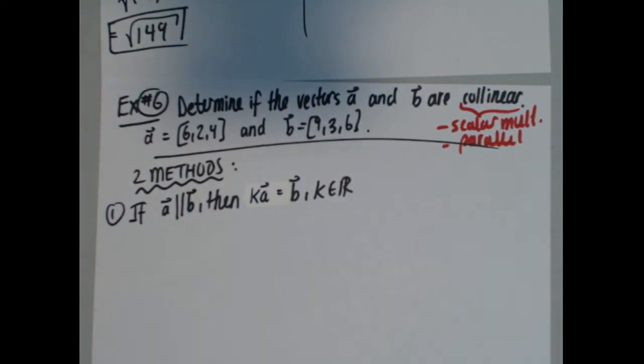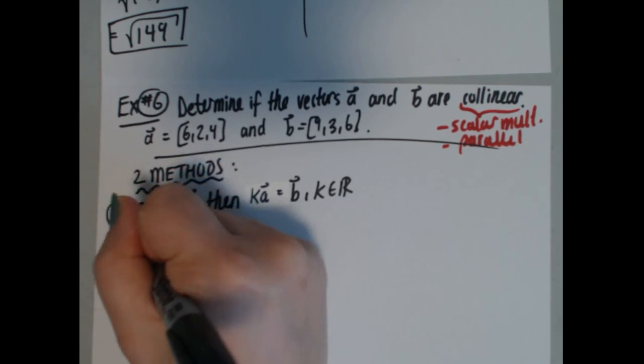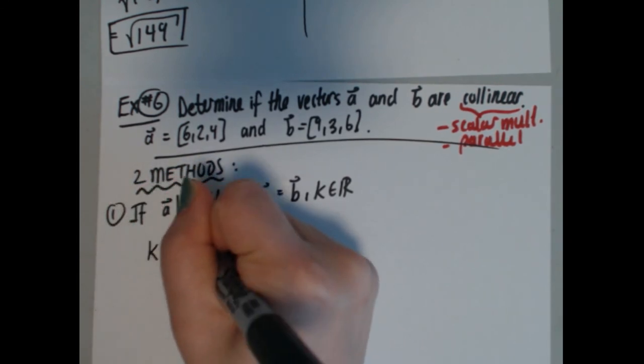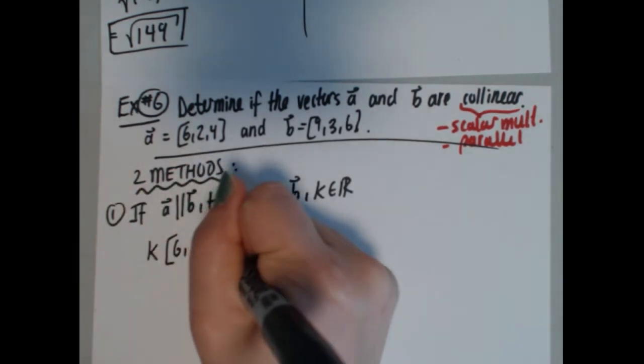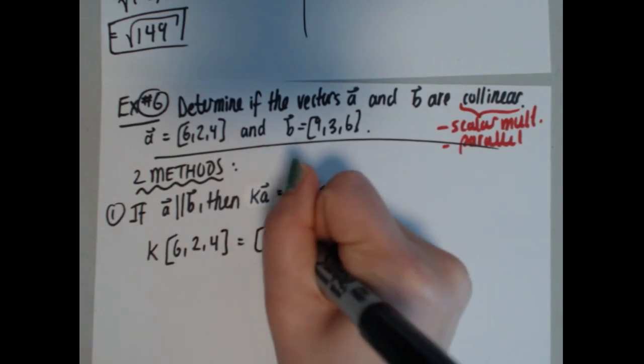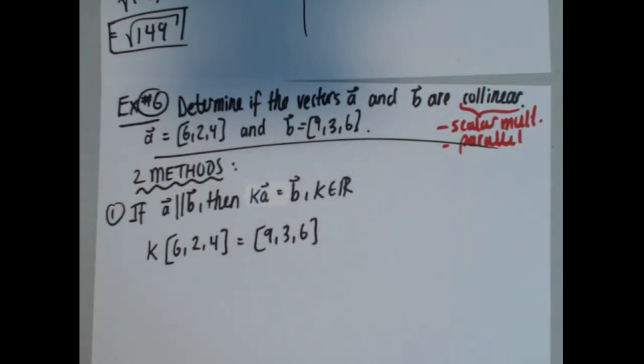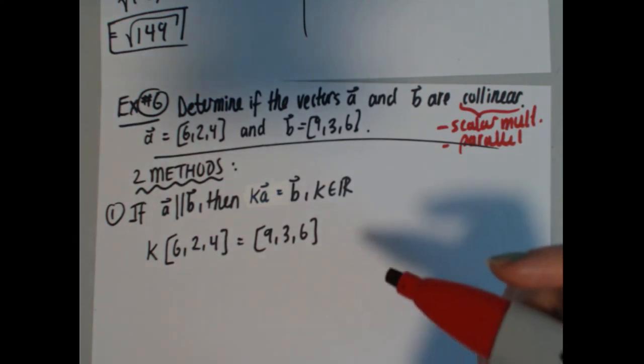Same thing. All right. So let's see if there's a constant where when I multiply to 6, 2, 4, I get 9, 3, 6. There might not be, and this is why you have to check every single entry. If it's not the same K value for all three dimensions, that means they're not scalar multiples. Even if it matches for 2 dimensions and not for the third, they're not scalar multiples.